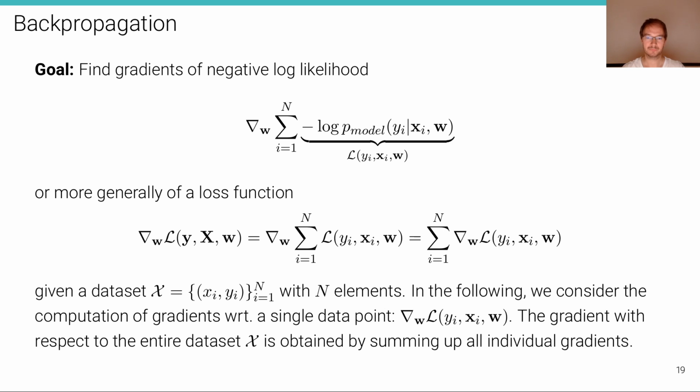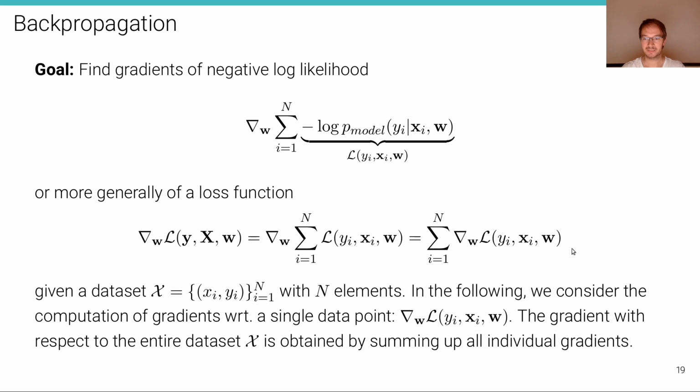In the following, we're going to consider the computation of gradients with respect to a single data point. So we're only going to look at this expression here. If we want to find the gradient with respect to the entire data set, we simply need to sum over all of the gradients that we have estimated for each individual data point.